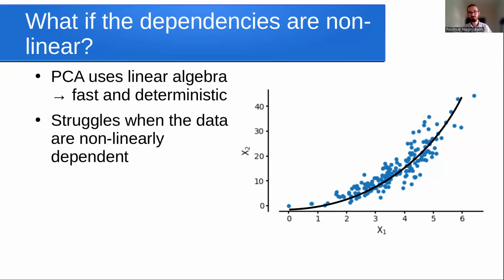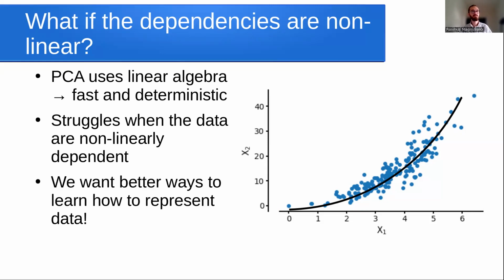But as I said, with nonlinear data you can't really do this, because the linear vector won't fit the axis of variance very well. So it would be much better if we could represent data in a way that is capable of handling more nonlinearities.